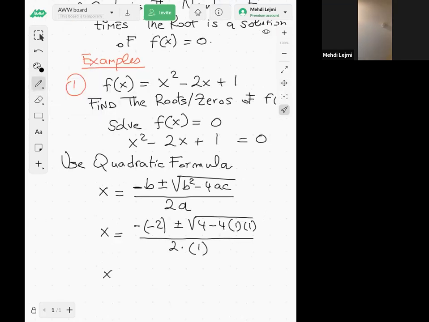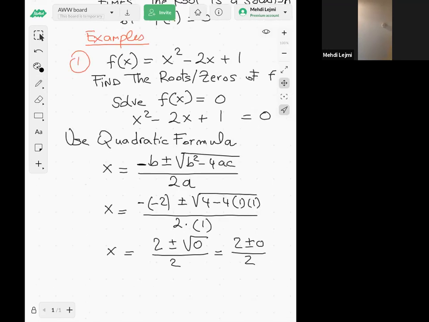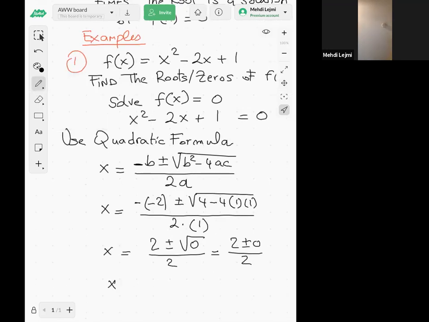So minus negative 2 is positive 2, plus or minus the square root of 0, over 2. So it's just 2 over 2, so x is equal to 1.